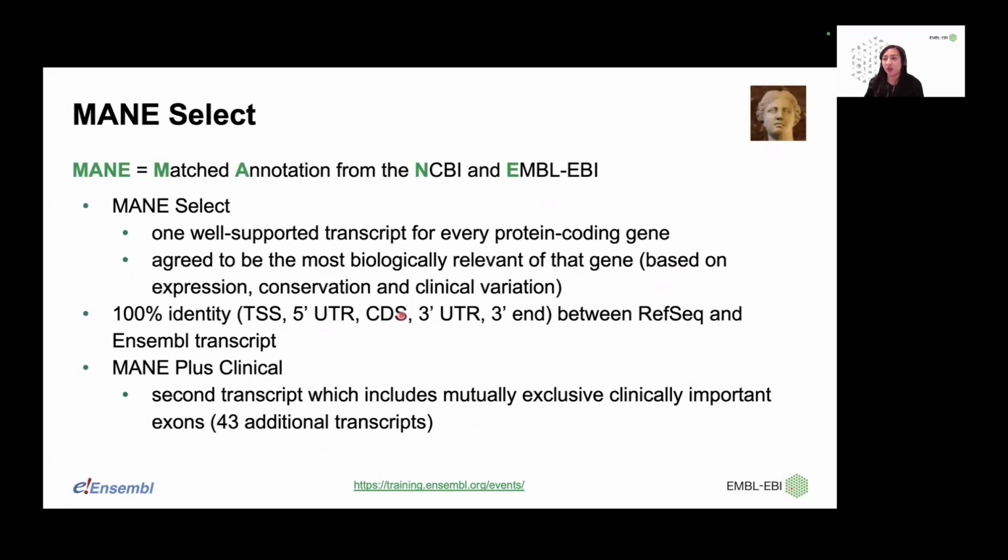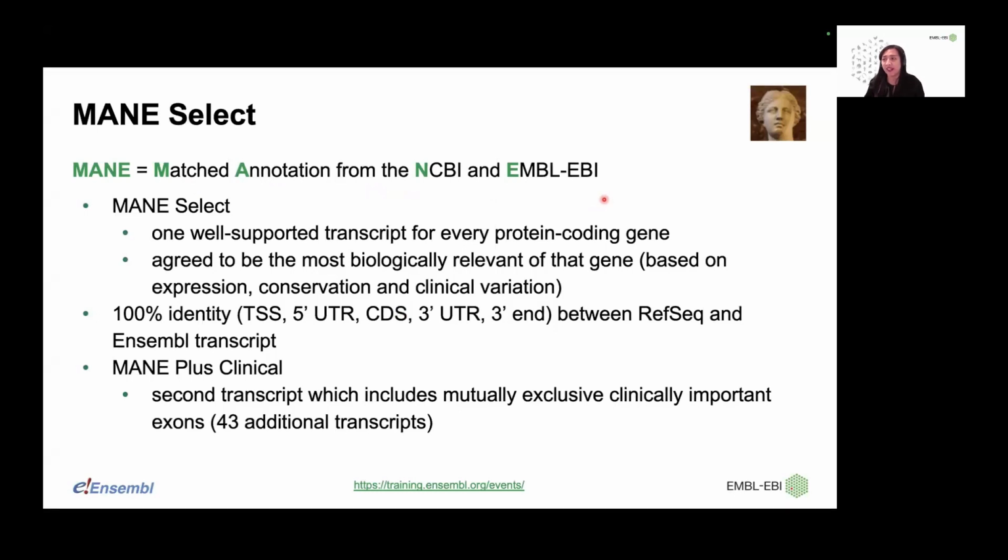Another flag to know about, which also dictates the annotation confidence, is the MANE Select project. MANE stands for Matched Annotation from the NCBI and Ensembl EBI, and it is just another measure of the quality of a transcript.